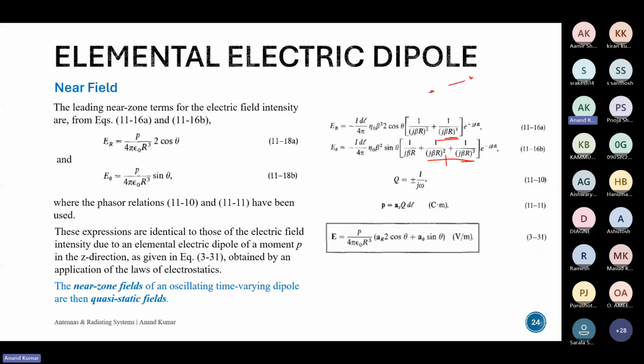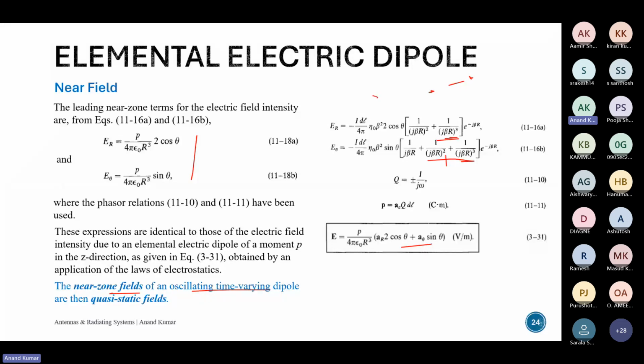So the near field zones of an oscillating time varying dipole are very similar to the static field of an electric dipole. Hence we call them quasi-static fields, because they resemble what you would obtain from electrostatics.